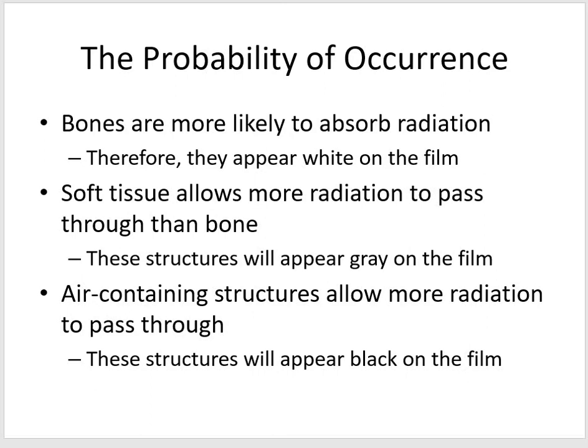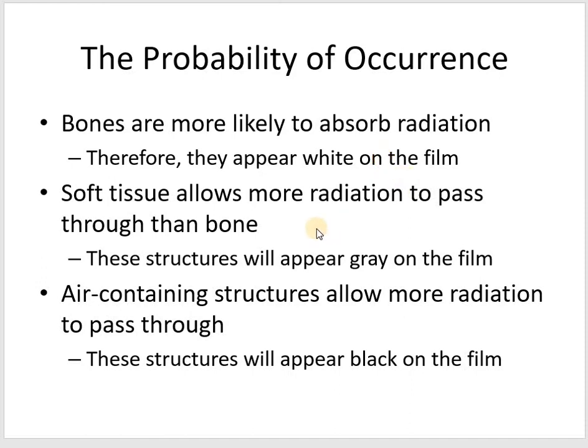So according to this context, bones have a density or atomic number higher than soft tissue. Soft tissue has an atomic number or density higher than air. Air tissue includes your nasal canal, esophagus, and lungs, for example. Soft tissue is the lower abdomen, and then there are bones. So at high atomic number material there'll be higher photoelectric interaction, therefore more absorption, therefore bones appear white on computed radiography images or on film.